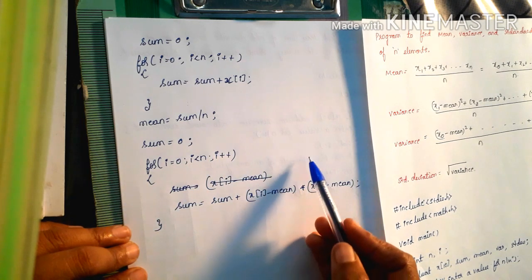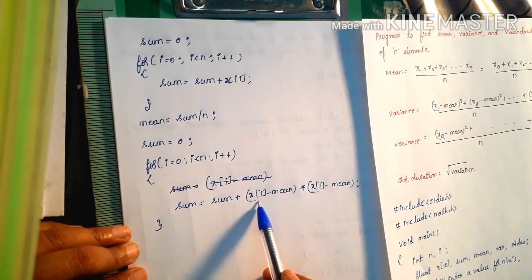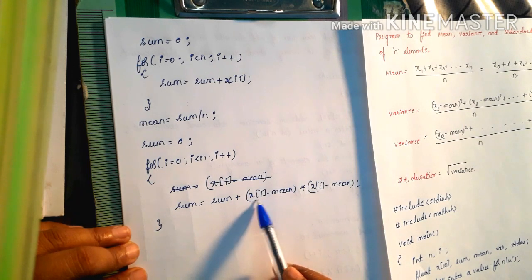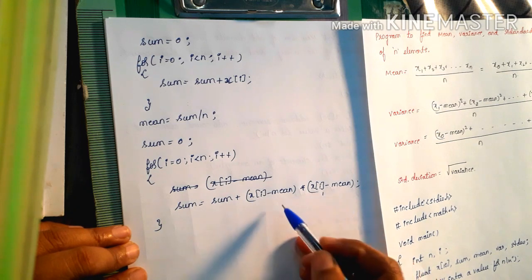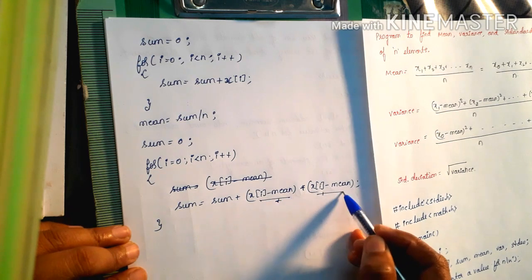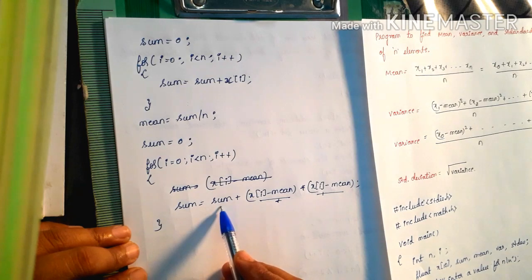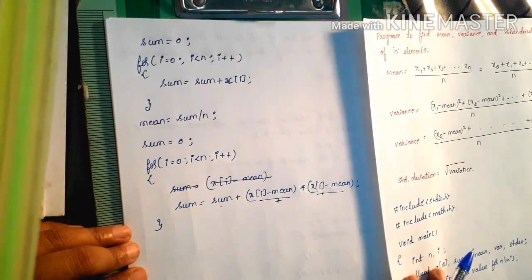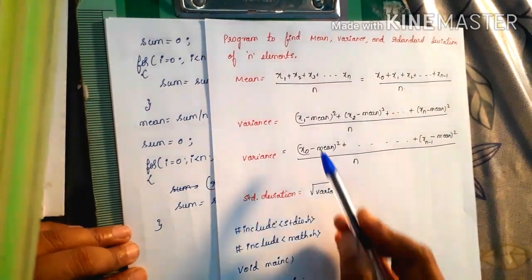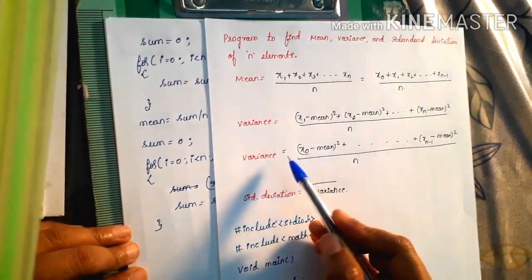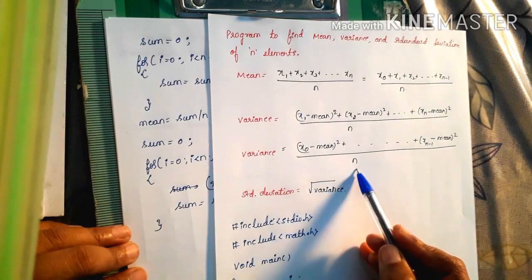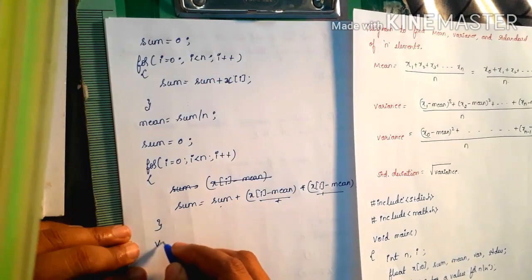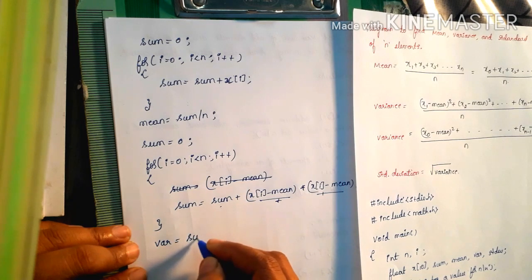So that is, take the element from the array, that is x of i, then subtract mean from that x of i. So this is the resultant data. You just square this resultant data, add it to sum. You should repeat it for all the n elements of the array. So after finding this numerator data, that is the sum, then divide it by n, it gives the variance value. So therefore, variance is equal to sum by n.